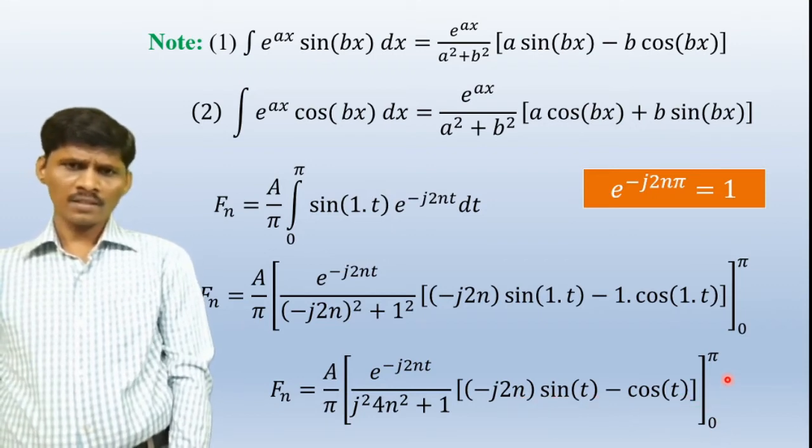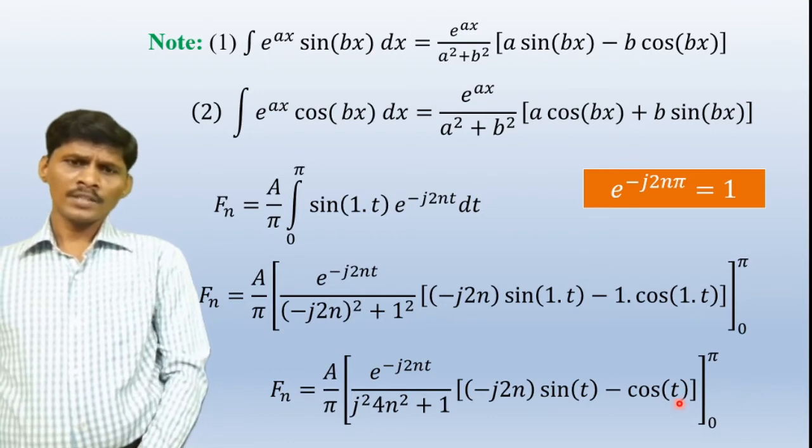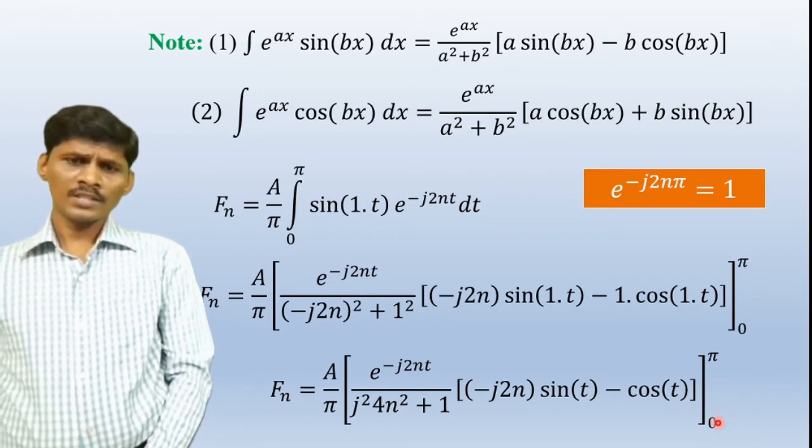Now applying the limits: the upper value of t is pi and the lower value of t is 0.